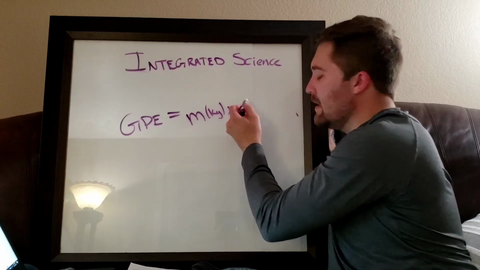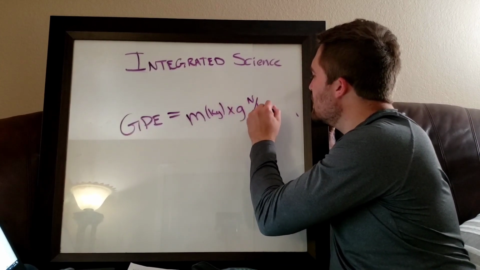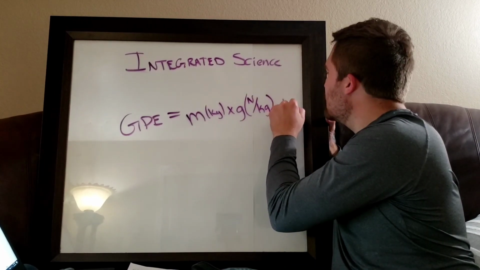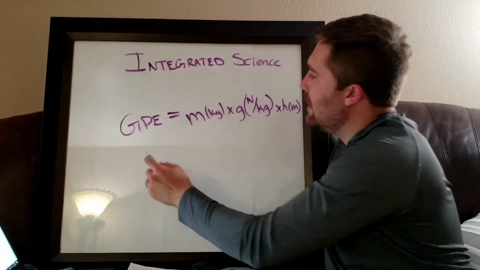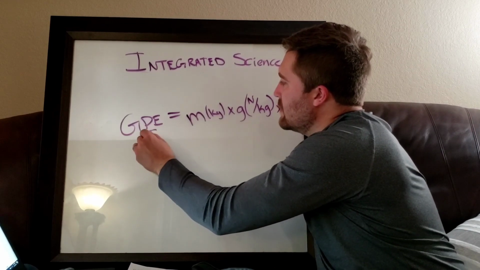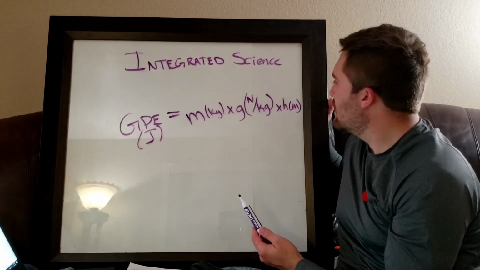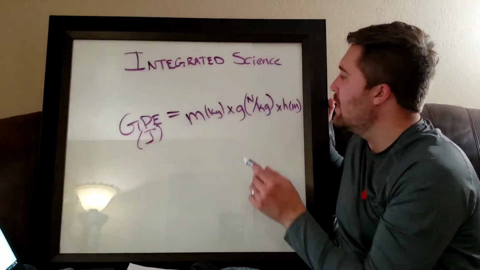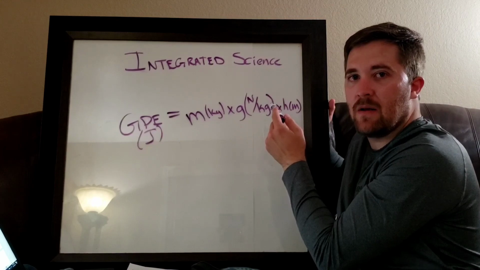Gravity is actually in newtons per kilogram. Okay. And height is in meters. And that is in joules. Okay. I don't really have much time to explain this, but this still comes out to meters per second squared.